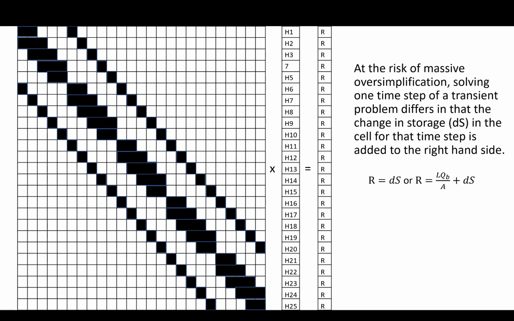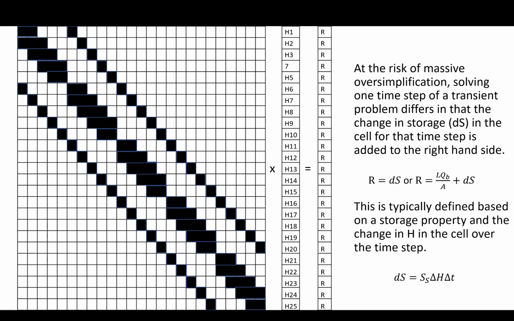For completeness, we'll at least address what we do for transient conditions. Here, the difference is that the change in storage within a cell is no longer 0. It's some non-zero value dS, and we have to account for that as the sum of all the flows equals this change in storage with time.